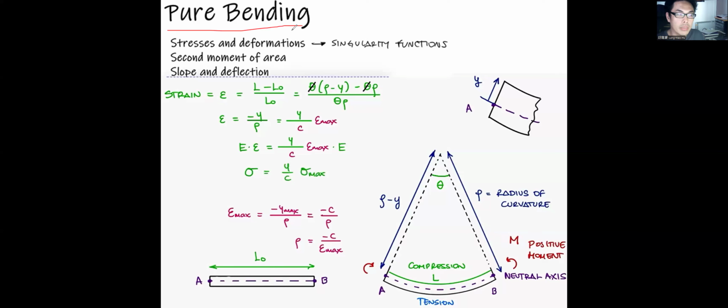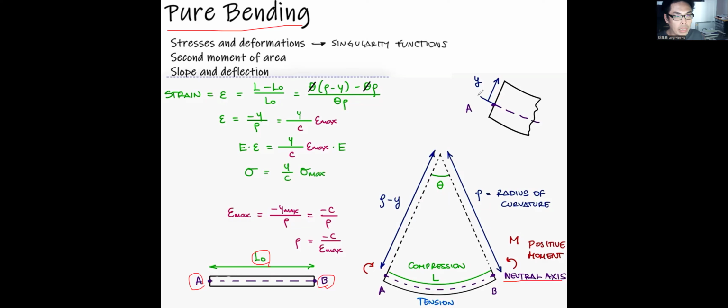Okay, so suppose we have the beam AB, right, with its initial length L naught. And the axis AB is the neutral axis. Okay, and then we define the coordinates.